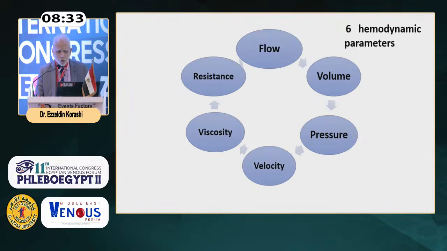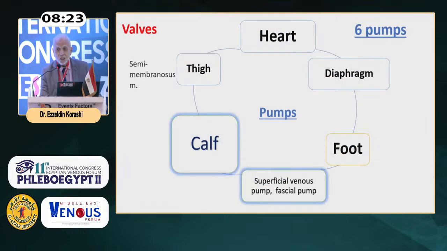Will not bother you much, but very important, the flow is very important, and soon we'll have a look at some hemodynamic parameters. The 6 pumps, all these pumps cannot work efficiently without the presence of valves. The big pumps are the heart, diaphragm, foot, superficial venous pumps, and the calf pumps, and thigh pumps lastly, and we'll have some words about each of these things.